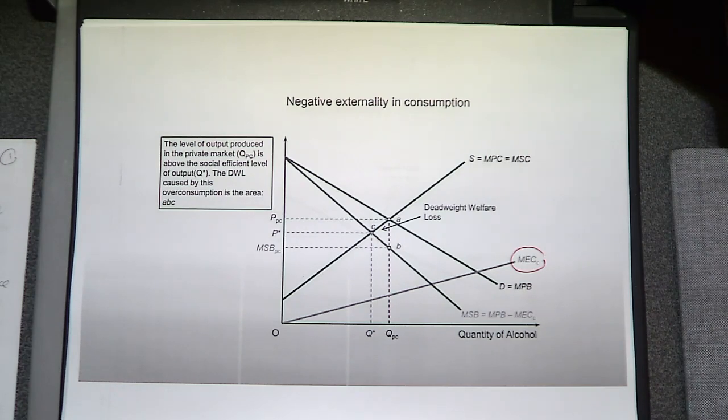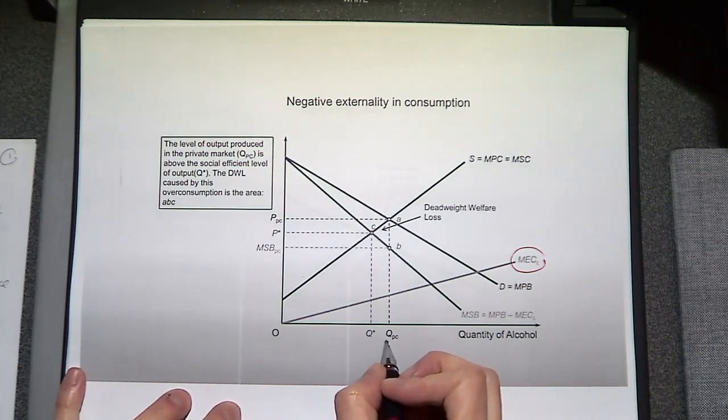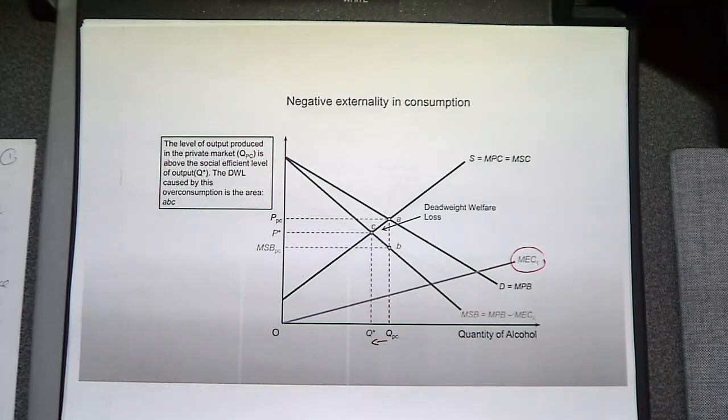So the social optimum, what people will want, is that the consumption of this good is less than what the private market is actually consuming. So there is a deadweight loss from the overconsumption of this good.